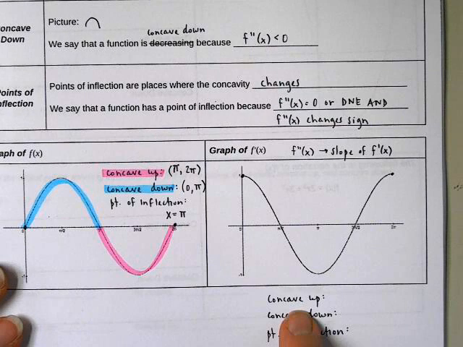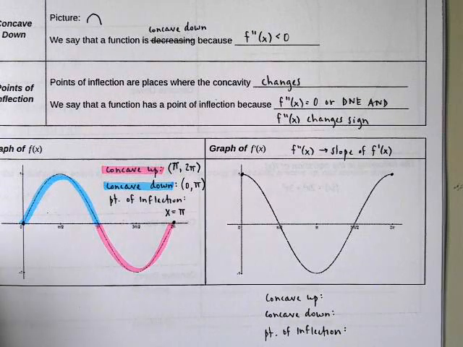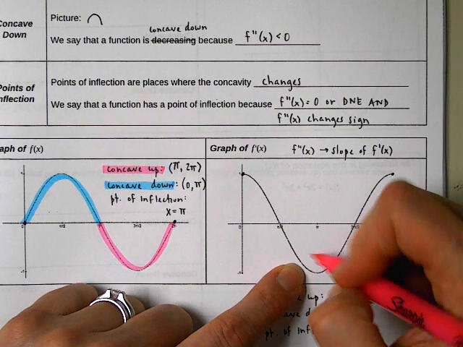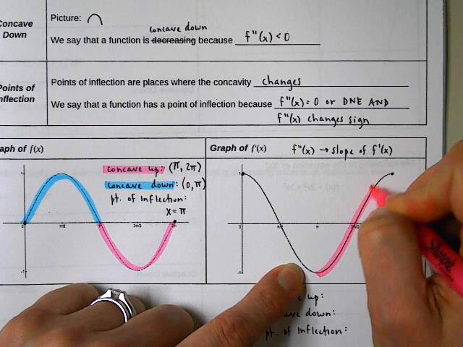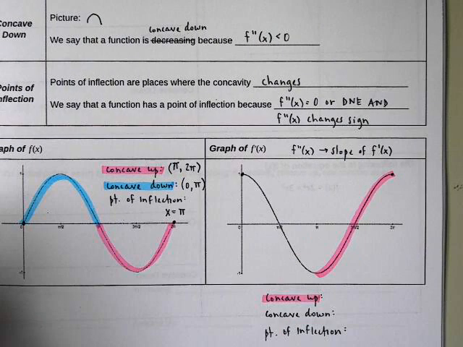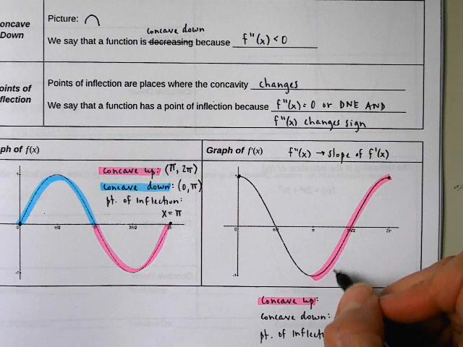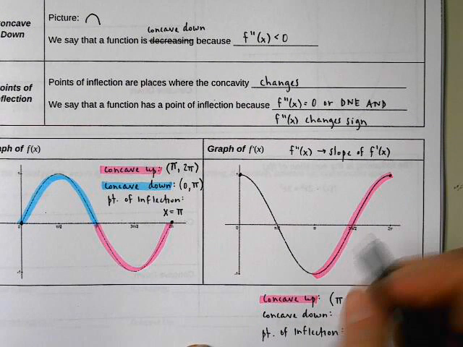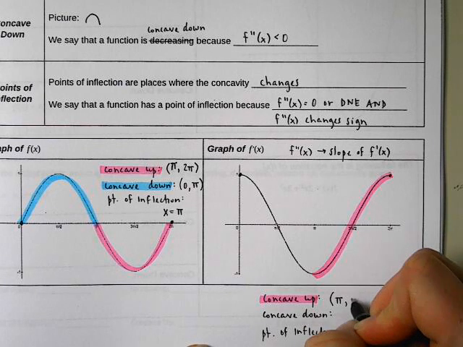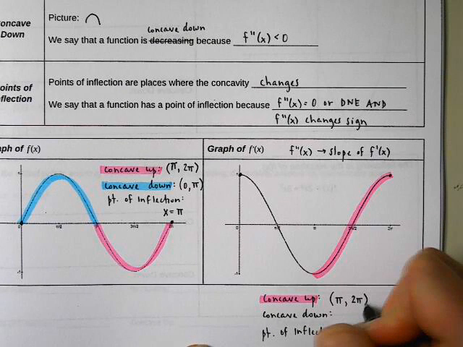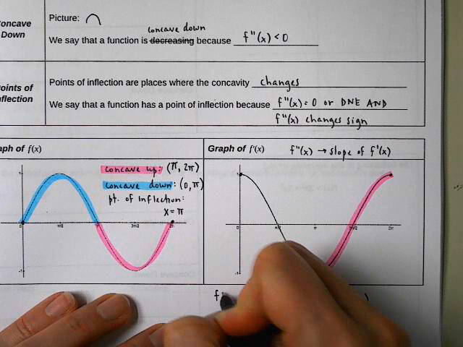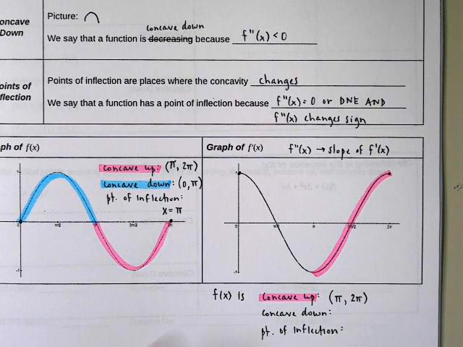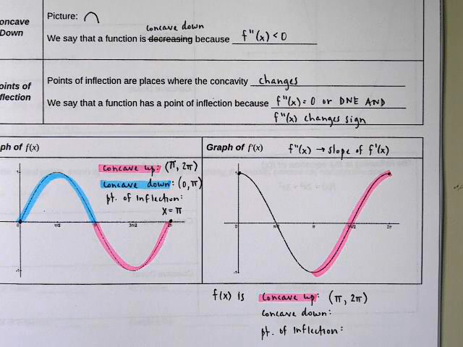So if I'm looking for my second derivative to be positive, that's going to be wherever f prime has a positive slope, so it's going to be over this interval here. So again, now I'm looking at the derivative of this function, but I can still see my original function f is concave up from pi to 2 pi. And again, remember we're talking about the original function here. F of x is concave up from pi to 2 pi.